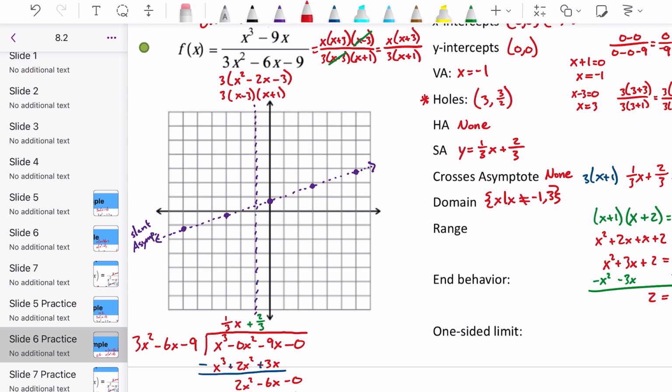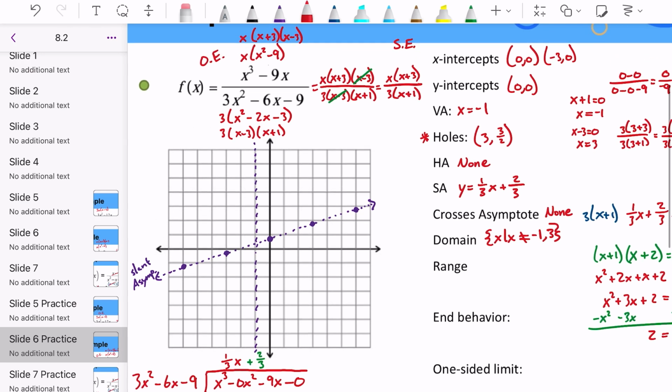The points that we do have and do know about would be at 0, 0. We know that it would be at -3, 0. We also know that we would have a hole at 3, 1.5.